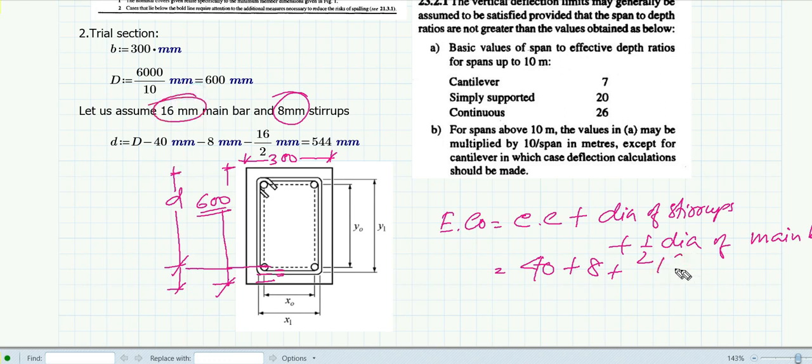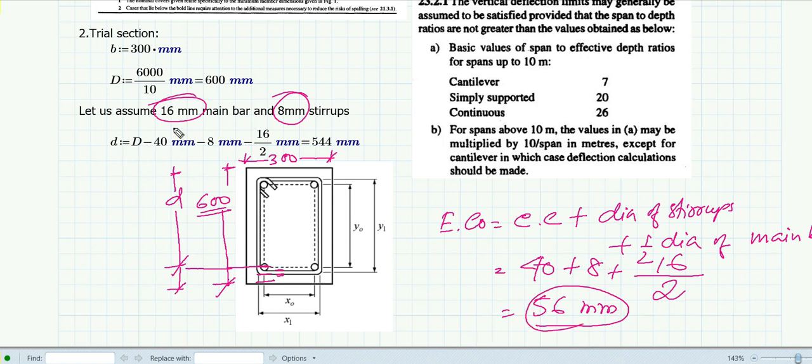Okay, this is just an assumption, so we will see that it will change in the later stage of the design. So 16 by 2 is 8, and the total comes out to be 56. This is the effective cover.